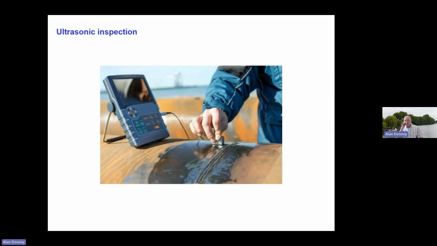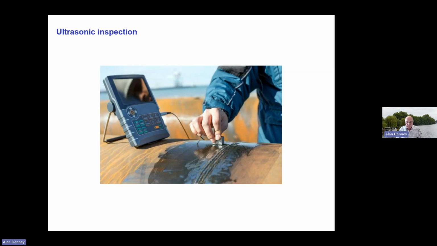Okay, I'm going to move on to ultrasonic inspection. That shows traditional UT using modern digital equipment, but just a probe, a weld, and an operator scanning backwards and forwards. I'm going to start by talking about that process of traditional ultrasonic inspection.